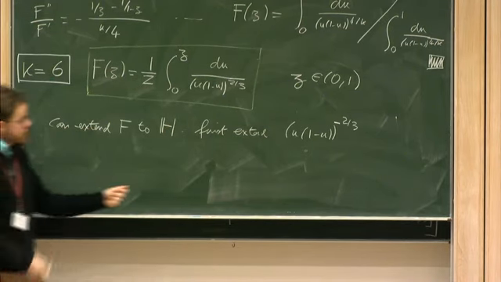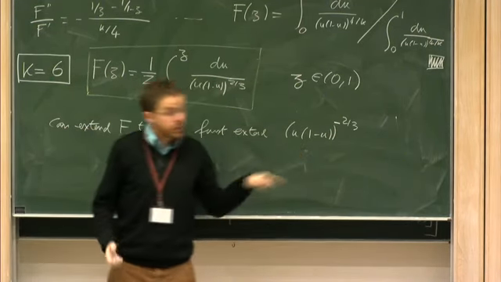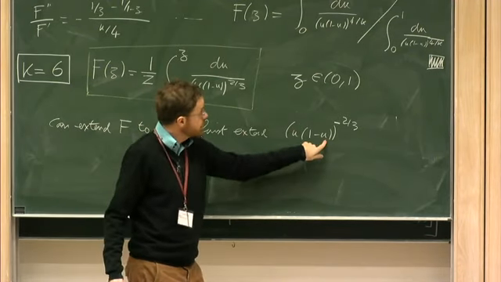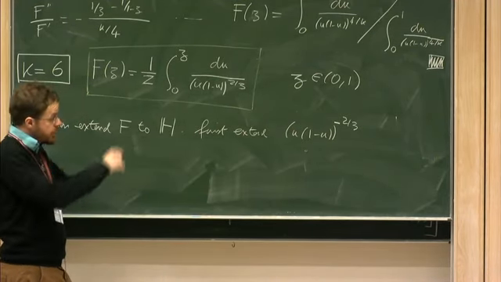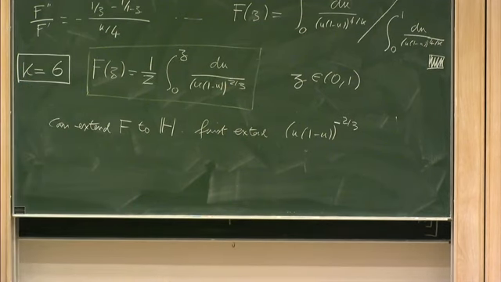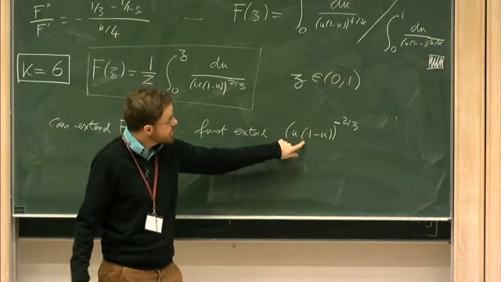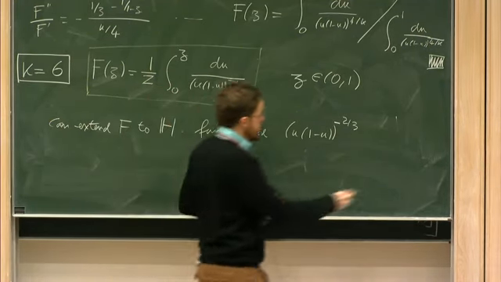So a priori, the fractional power of u is not well defined in the whole complex plane because you have a singularity here at 0 and here at 1. But as long as your domain is simply connected and does not contain the singularities, it's fine to extend this into a holomorphic function in the whole upper half plane.